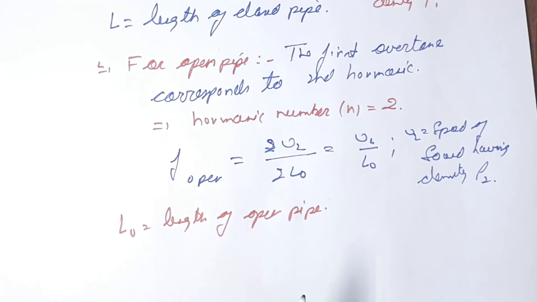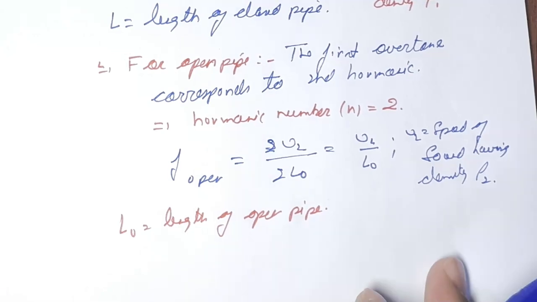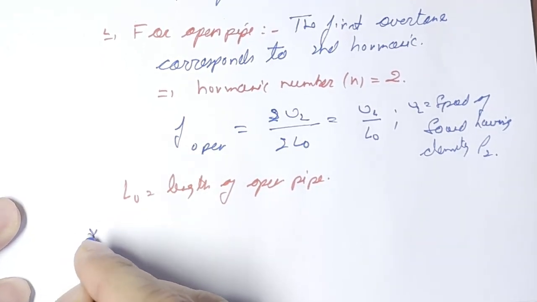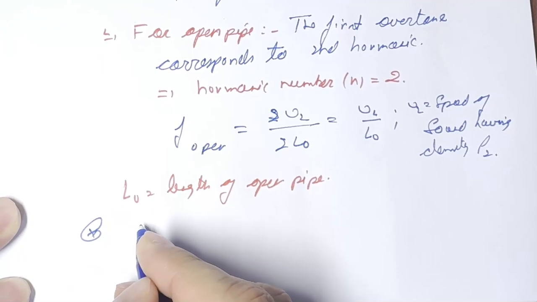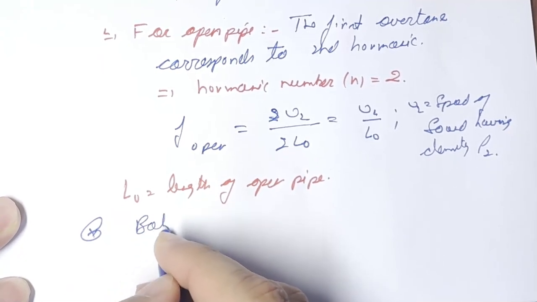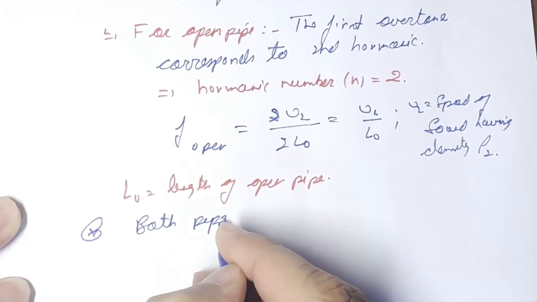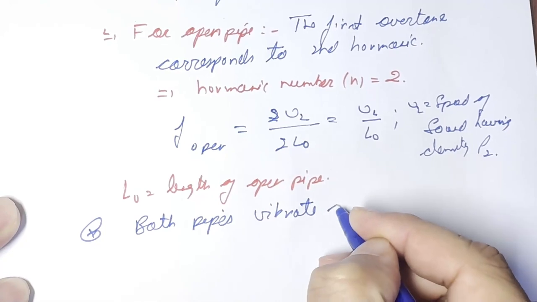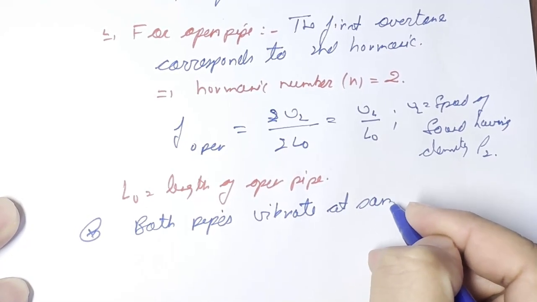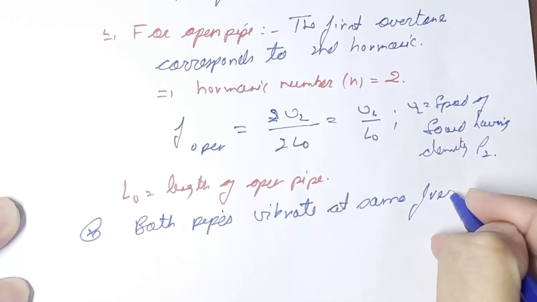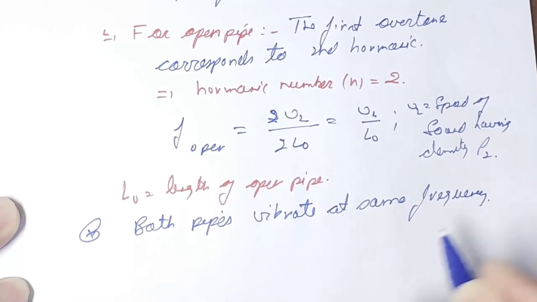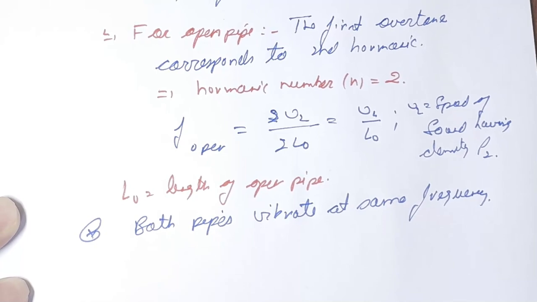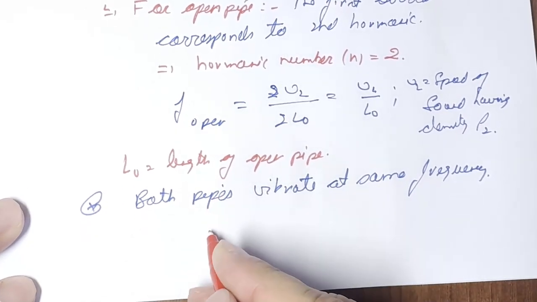But it is given that both pipes vibrate at same frequency. Therefore, F closed will be equal to F open.